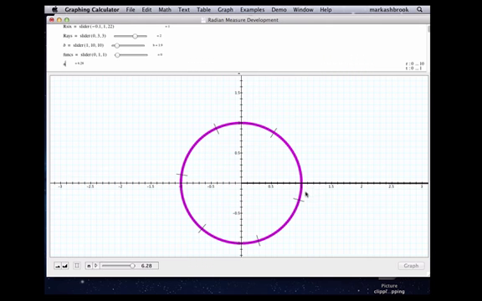Okay, so this circle is called the unit circle. It has a radius of 1. Okay, so this is 1 here. How can this circle, a circle of radius 1, be thought to represent any circle in the universe?